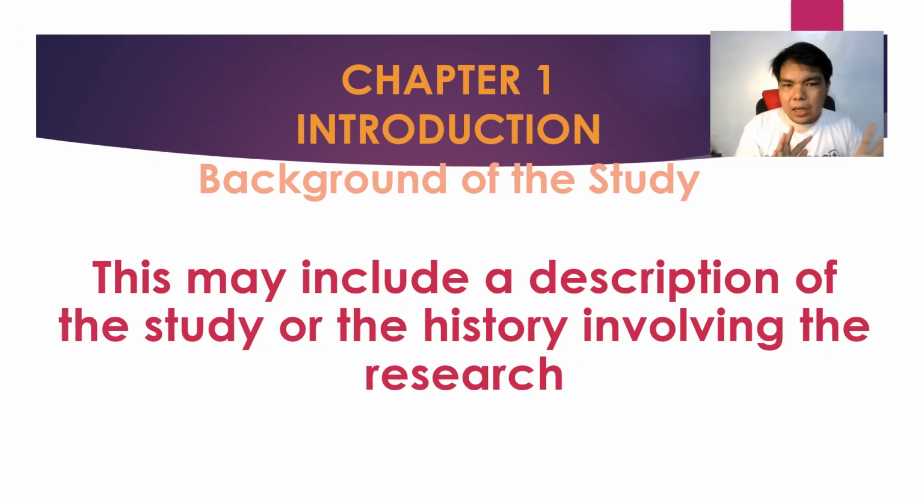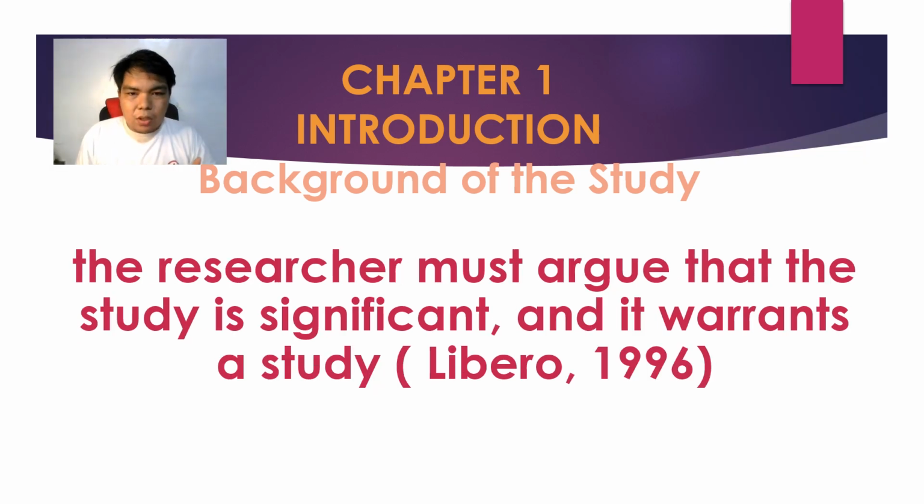Depending on the style, this may include a description of the study or the history involving the research. The researcher must argue or present that the study is significant and warrants a study. How would a researcher do that?